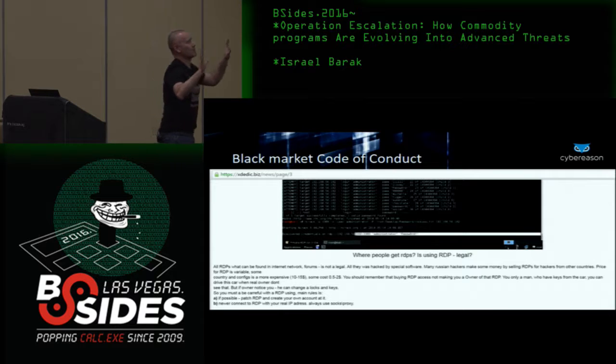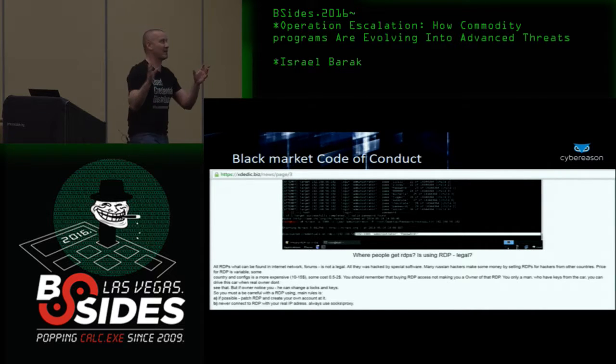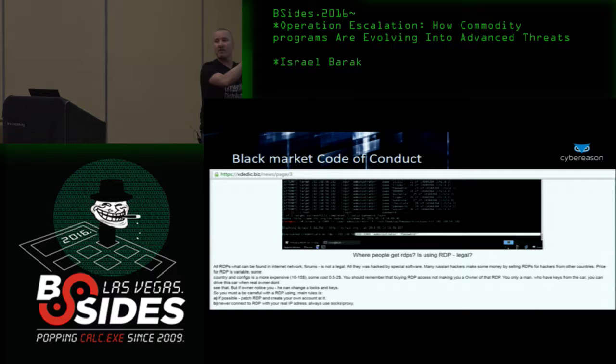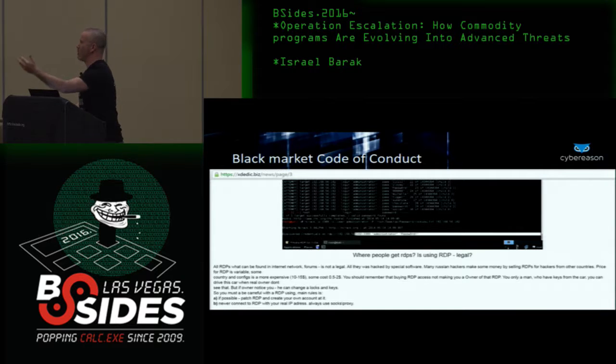Using main rules is, if possible, patch the RDP. We'll look at those tools in a moment. These marketplaces, and Ecstatic specifically, offer a specific set of value-added, independently built tools to increase the value of transacting through them. We'll look at these tools. To patch the RDP and create your own account on it, and not really using your real IP when you connect to your bought RDPs.